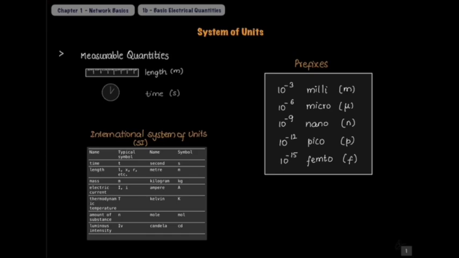As we are dealing with electron level information in network analysis, we will mostly use these prefixes: milli corresponding to 10 power minus 3, micro corresponding to 10 power minus 6, nano for minus 9, pico for minus 12, and femto for minus 15. With this note, let's move to the individual electrical quantities.